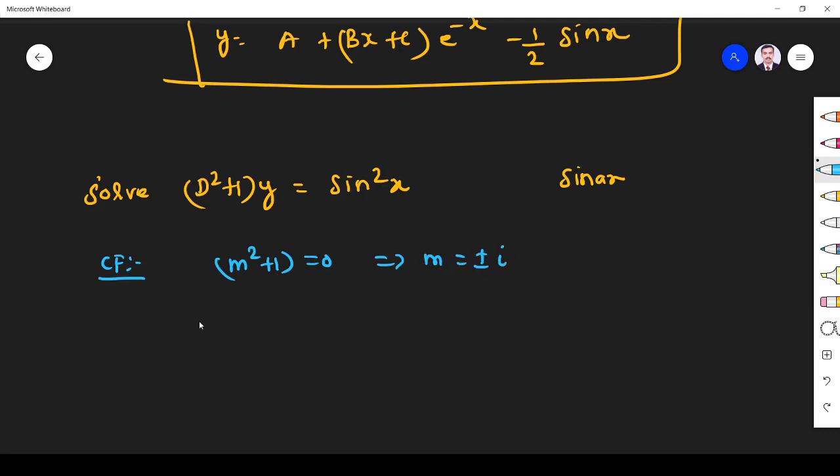It is complex, so CF is equal to e power ax, where a is the real part, so here a is equal to 0, and the imaginary part b is 1.